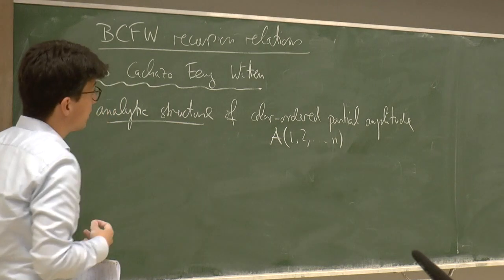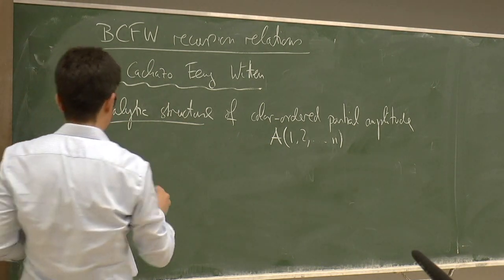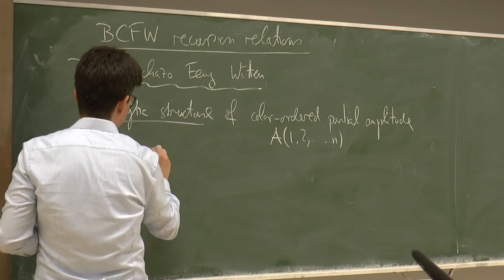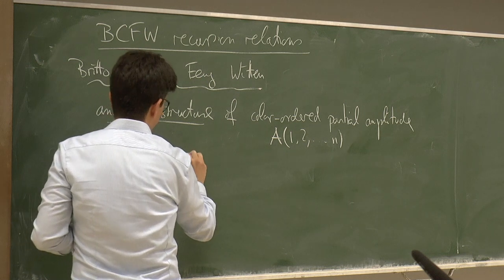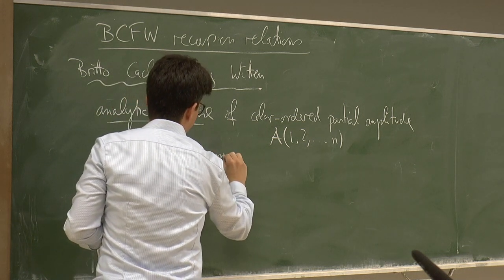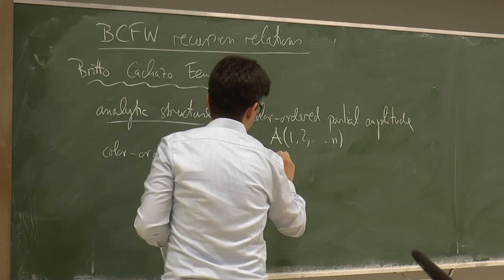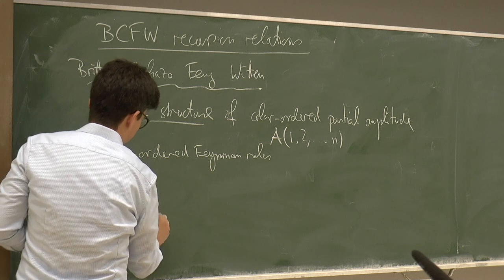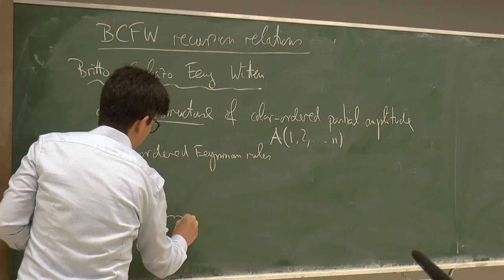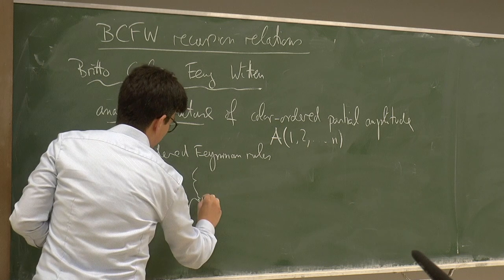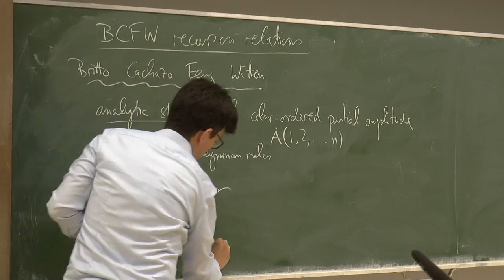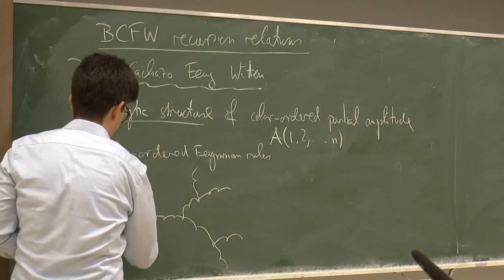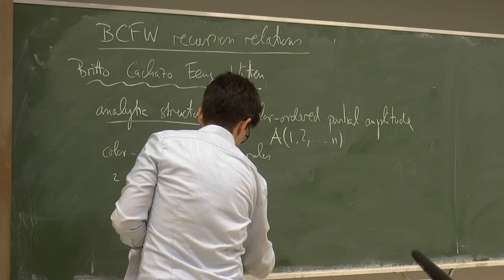We just discussed a bit what the pole structure is. Again, these color-ordered Feynman rules that I didn't give explicitly, but I kind of talked about them, tell you that you basically need to draw ordinary Feynman diagrams. They look like the ones that you're used to, but you always draw them in a planar ordering. Right? So for instance, something like this.